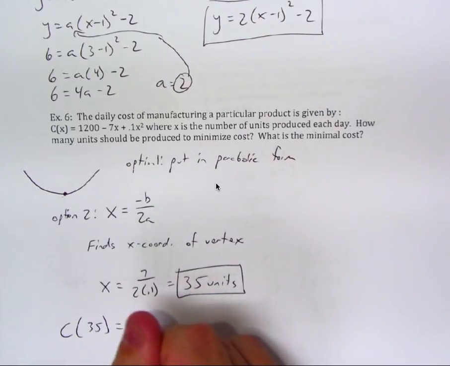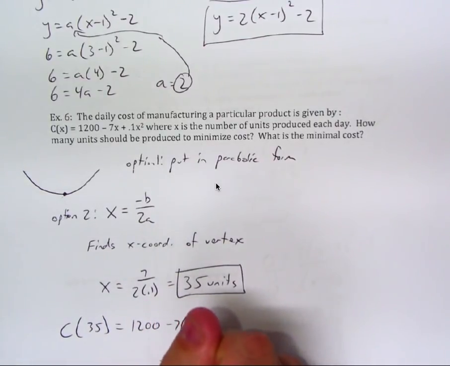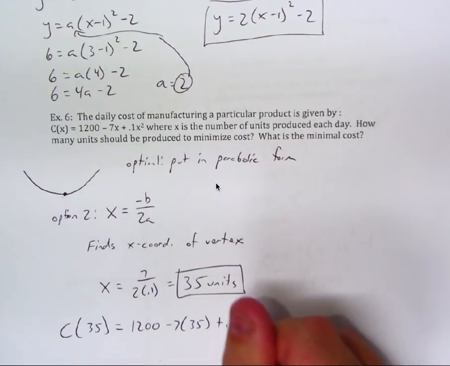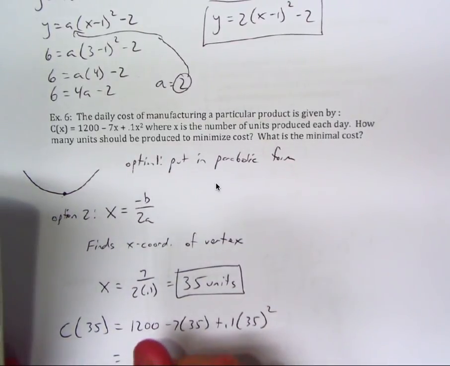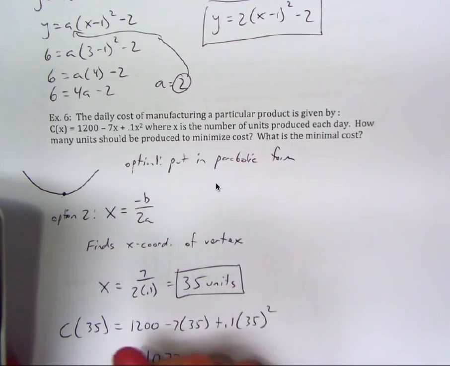So we'd have 1200 minus 7 times 35 plus 0.1 times 35 squared. I'm just going to plug that all into my calculator, and I got $1,077.50.